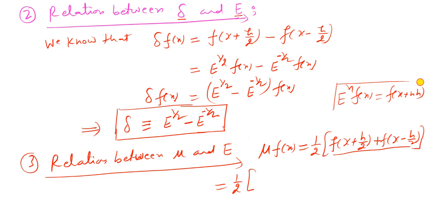Using this definition, the right hand side can be written in the form of 1/2 [E^(1/2) f(x) + E^(-1/2) f(x)], or μf(x) = 1/2 [E^(1/2) + E^(-1/2)] f(x).